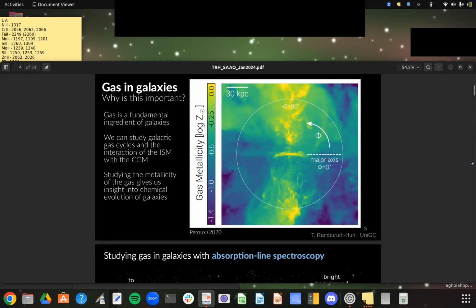And so studying the metallicity of the gas in galaxies can give us a lot of insight into how the gas moves in and around the galaxy and how that contributes to the evolution.